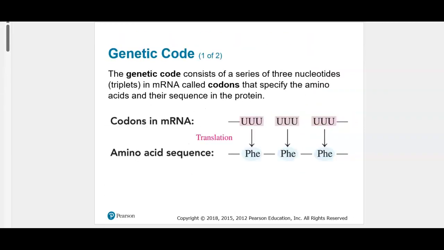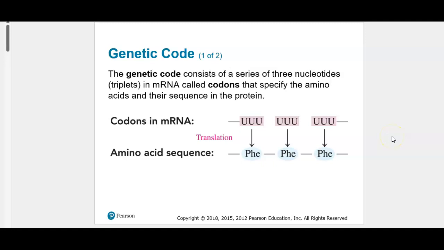Now, the genetic code itself, as I said, is a series of 3 nucleotides, or triplets, in messenger RNA that are called codons, and each one specifies an amino acid. Now, in your text, and this should also be in the slide, let me just check a moment. Yeah, there it is. You're going to see that in a couple of slides.